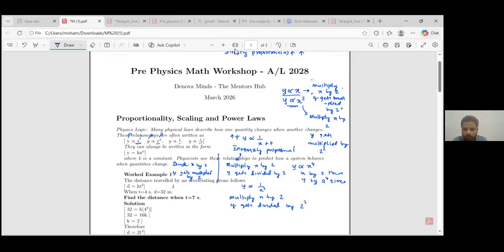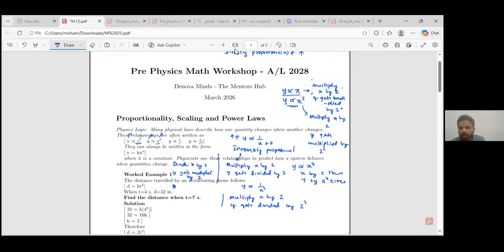And also, if you divide x by 2 in y is proportional to 1 over x squared, y gets multiplied by the square of 2, right? So this is the basic idea of proportionality. When we say that two quantities are proportional to each other, this is what it means.